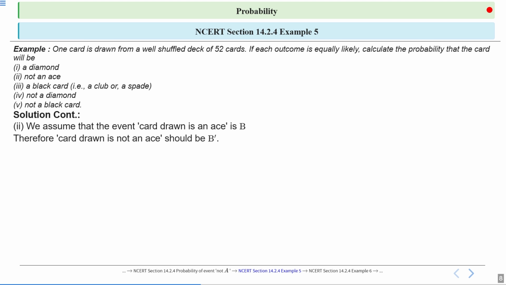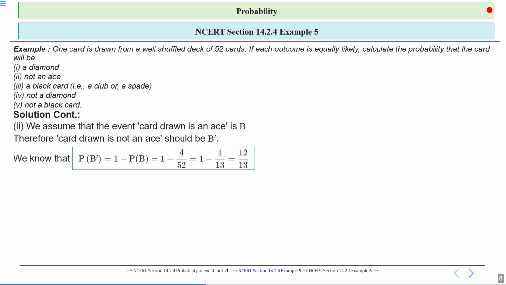Therefore, card drawn is not an ace should be B complement. We studied this in the previous slide. B complement is basically not B event. So the card drawn is not an ace should be B complement.